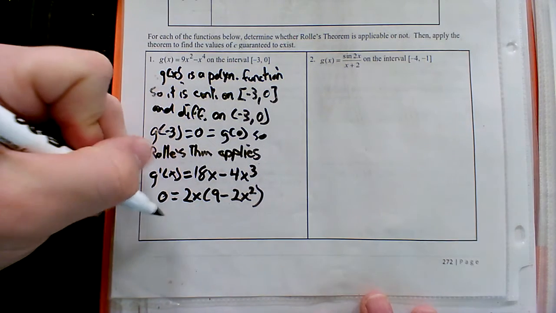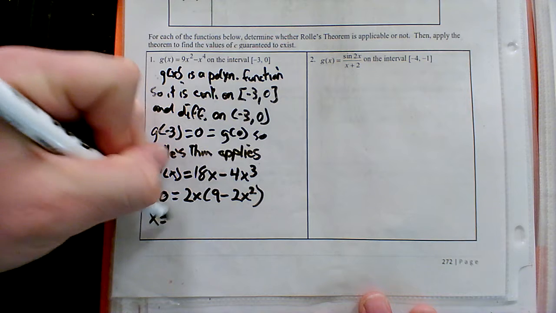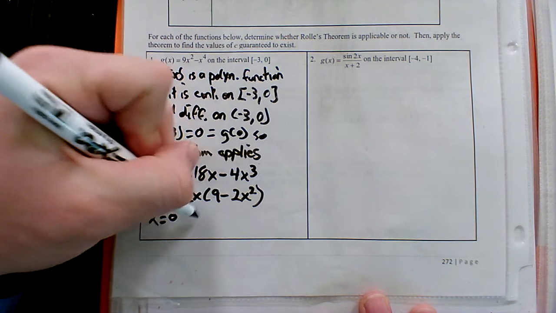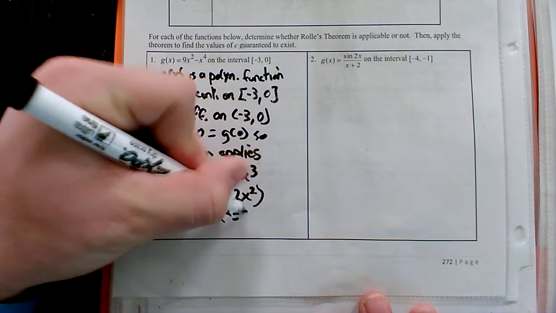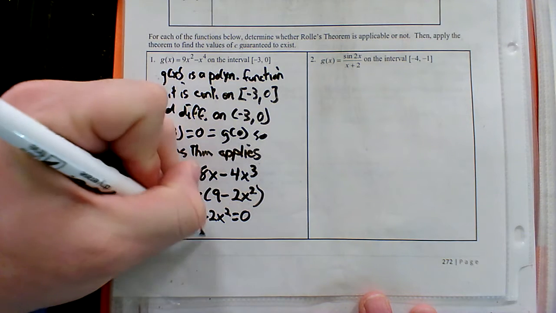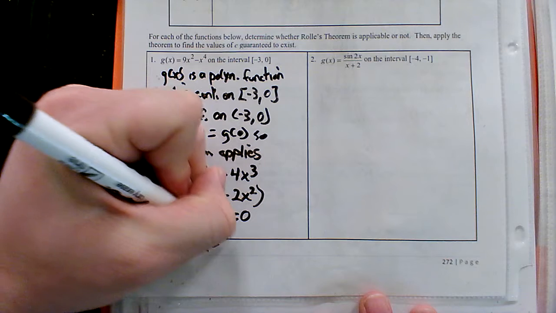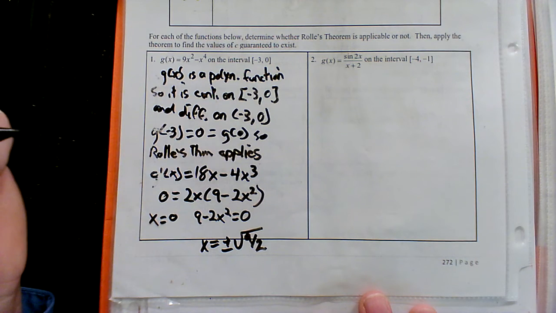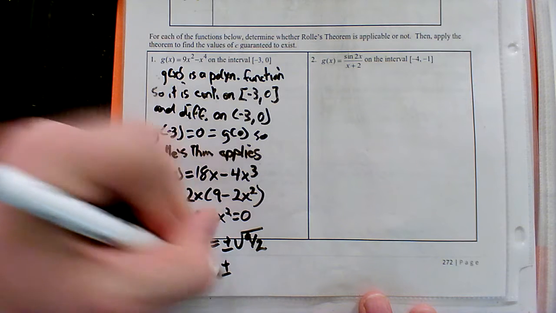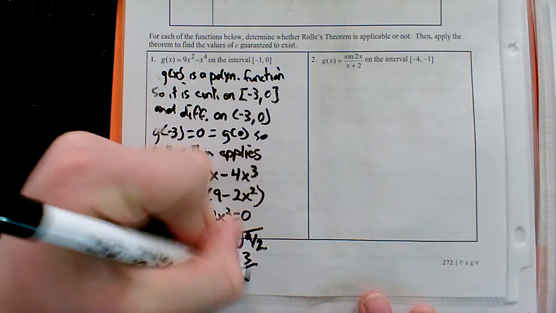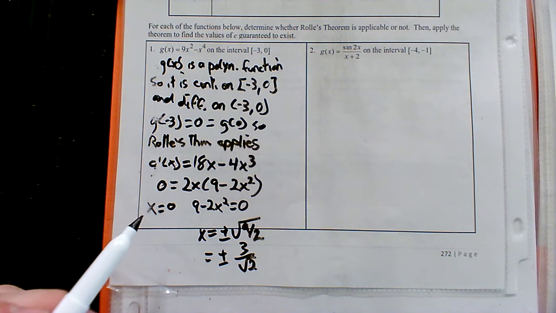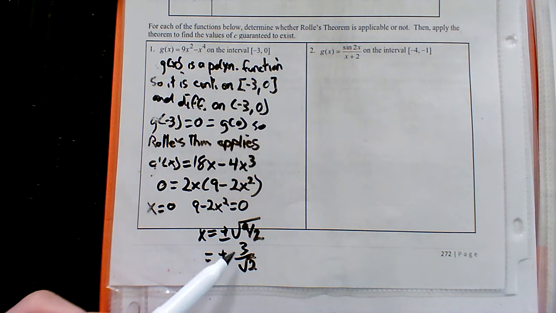Now I would have 2x equal to 0, so x equal to 0 is one possibility. Then I set 9 minus 2x squared equal to 0, and I would get x equal to plus or minus the square root of 9 over 2, which simplifies to plus or minus 3 over the square root of 2. So I found three critical values: 0 and plus or minus 3 over the square root of 2.